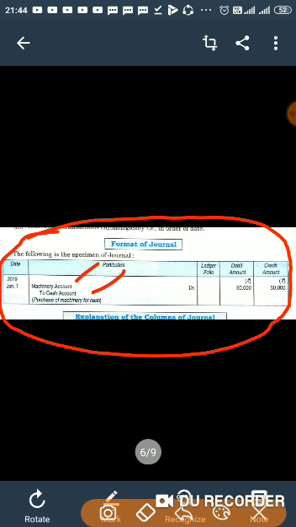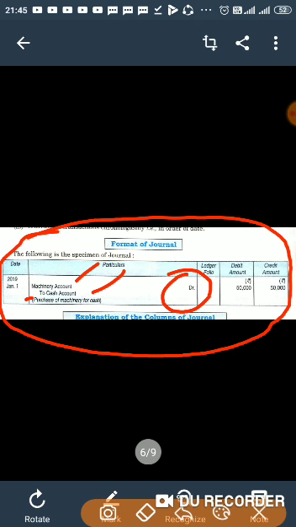This is a convention: while writing the credit account, you leave some space on the left side, like here. After machinery account, on the extreme right hand side, you write Dr.